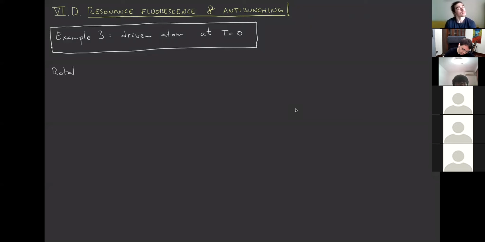So again, in a rotating picture, and this rotating picture was defined by a unitary transformation, you see. That is just the typical rotation that we talk about all the time.